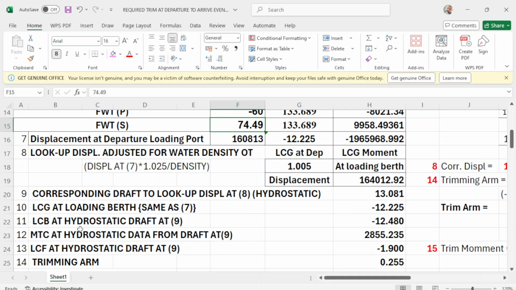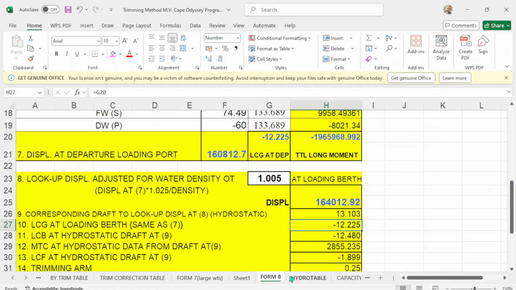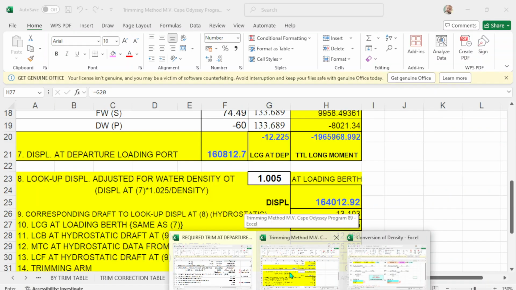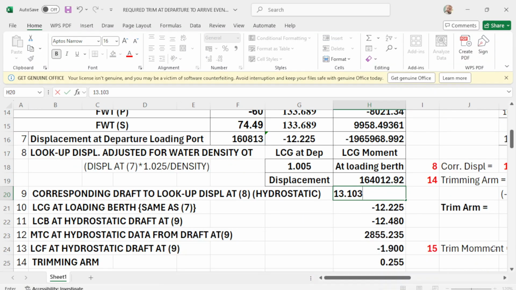What will be the LCB at the draft of 13.103?